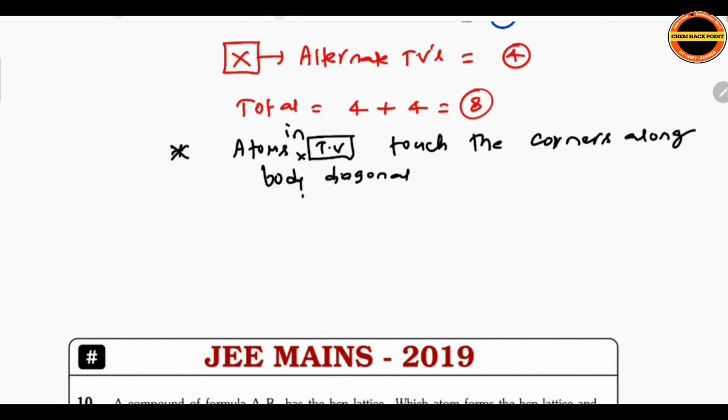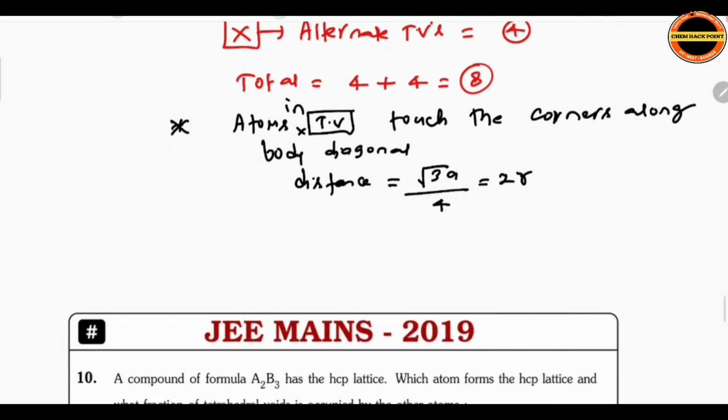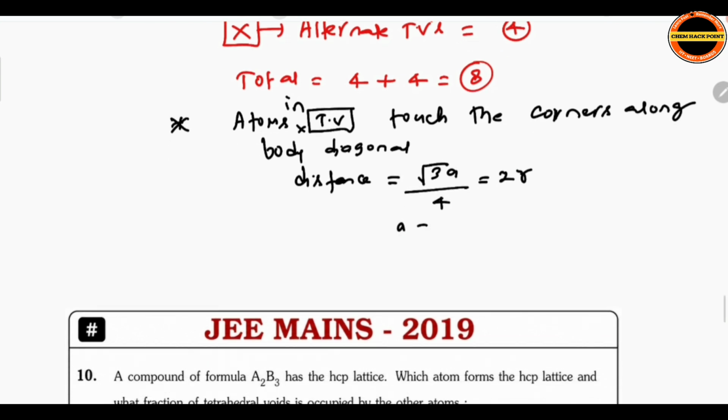Based on this, what distance can we write? In previous videos we calculated it, so watch those videos once again. Root 3a by 4 is 2r, the radius of the corner atom plus the radius of the void atom, together 2r. So a is equal to 8r by root 3.